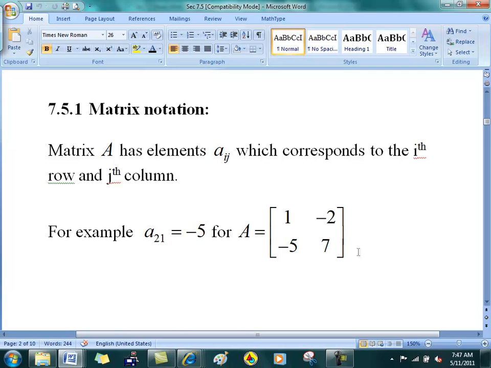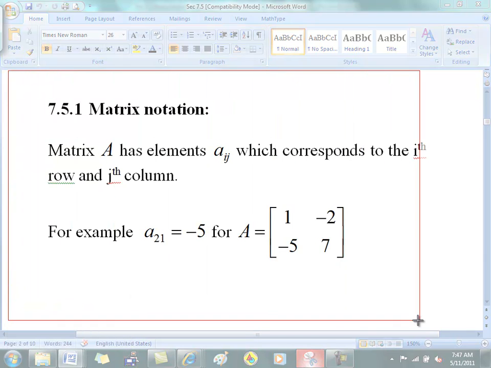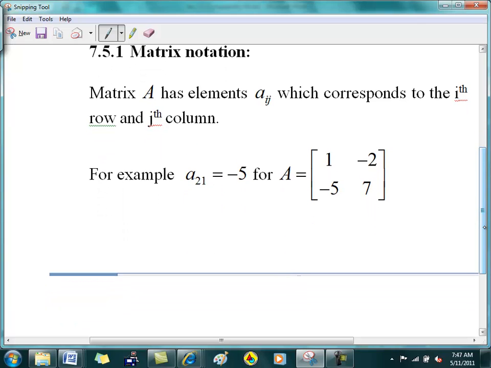So since they are organized in what are called rows and columns, okay, so these are your rows, okay, and these are your columns.